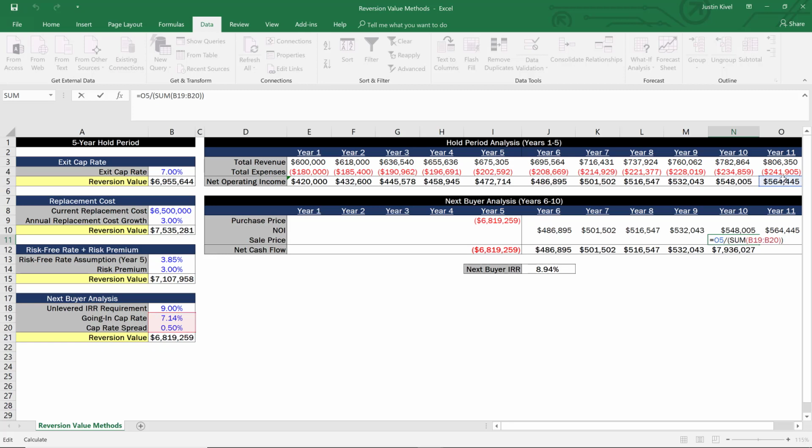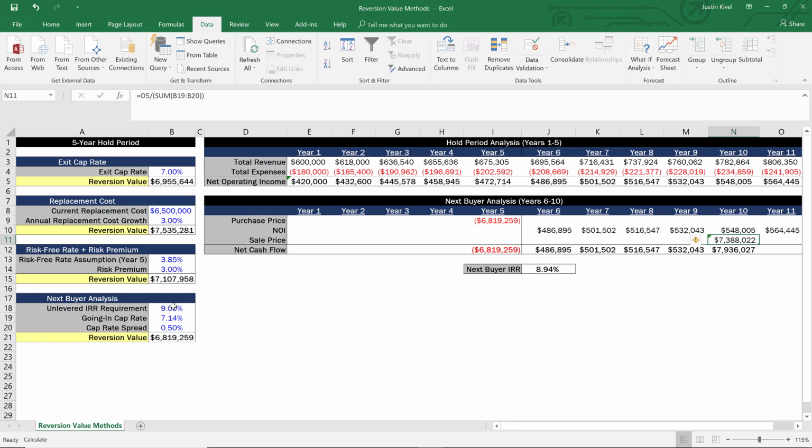So we're taking the net operating income of the next buyer and dividing that by our going-in cap rate plus the cap rate spread. That's what we are assuming the next buyer will use as their exit cap rate. That's a mouthful, but we're making a lot of assumptions in this case, and we have to if we're going to project this far out.